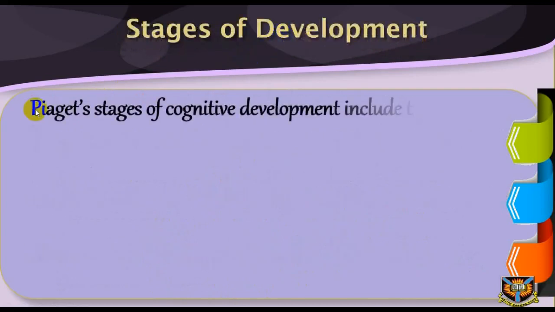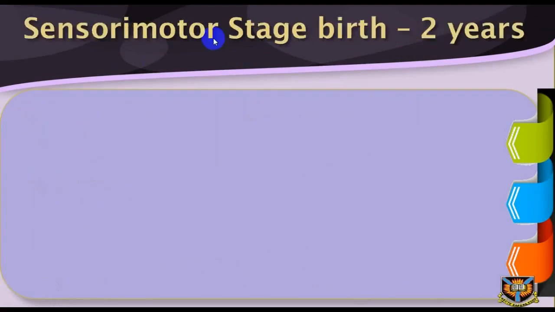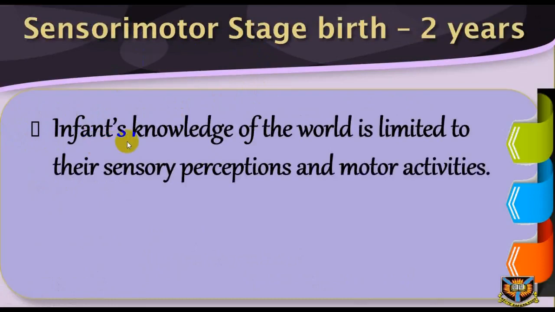Stages of development. Sensorimotor stage, birth to 2 years. The first stage of Piaget's theory lasts from birth to approximately age 2 and is centered on the infant trying to make sense of the world.